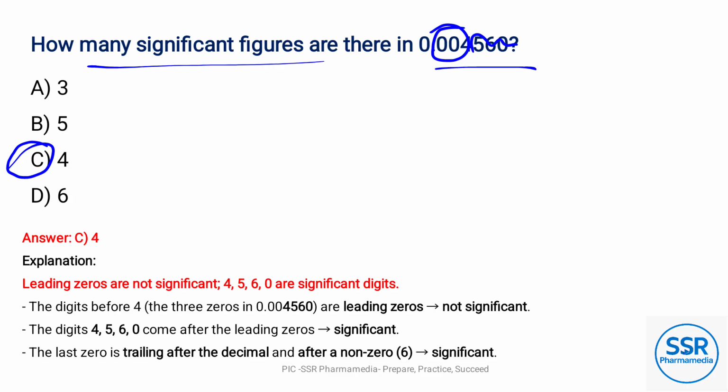Before the number, if zeros are there, those zeros are not considered significant figures. But if zeros are after the number, those zeros are considered significant figures. So the last 0 is trailing after the decimal and after a non-zero digit, so it is significant.